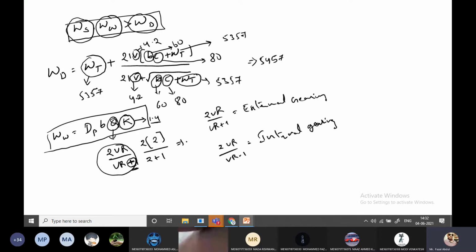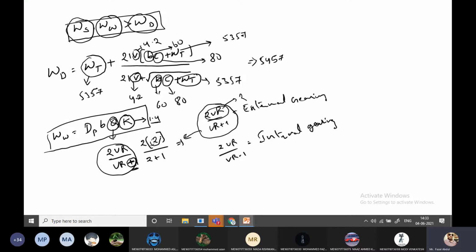Because the problem does not mention what type of gearing particularly. If the problem mentioned a particular type of gearing, then only based on that statement would we select the equation. Because the problem did not mention it, I am considering the system as an external gearing system. So for that reason I selected this equation, and the velocity ratio itself is given in the question as 2.